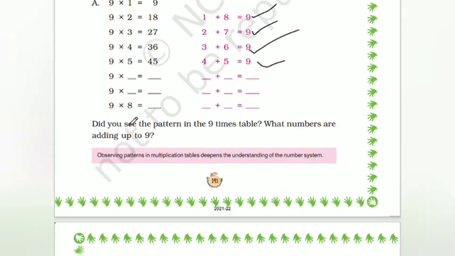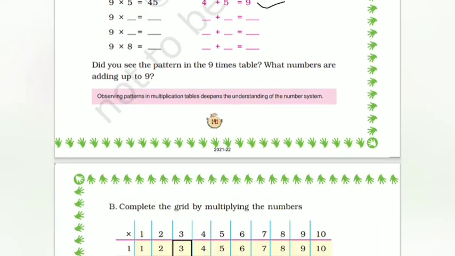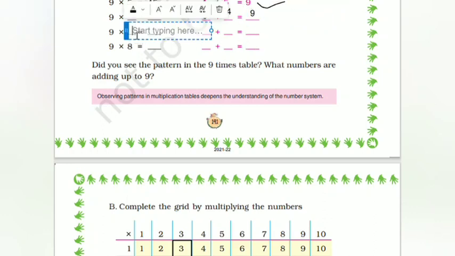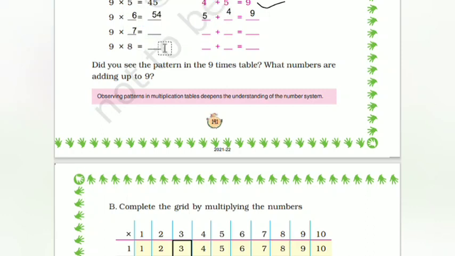Again, 9 times 6 we got the answer 54. It can be written as 5 plus 4, that is equal to 9. Then 9 times 7, we got the answer 63.